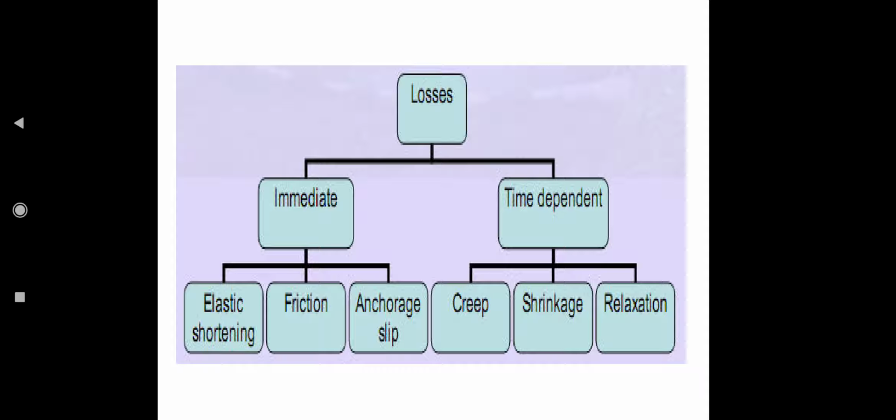Immediate losses are the losses which will occur within a short duration after the construction, and time dependent means the losses will take a long time to come into existence. So it is called time dependent loss.